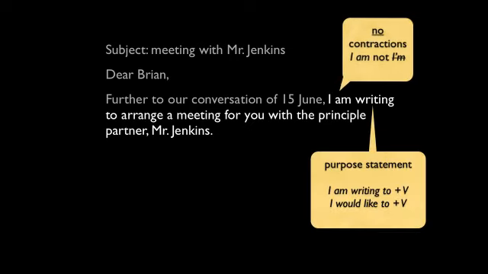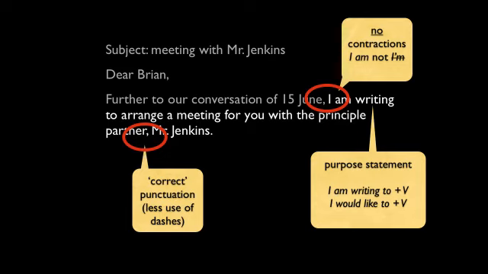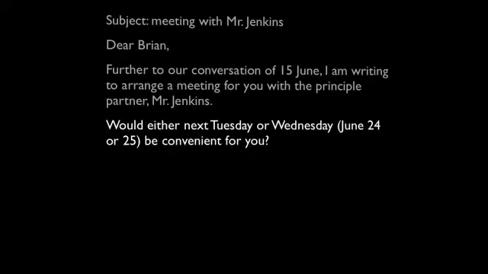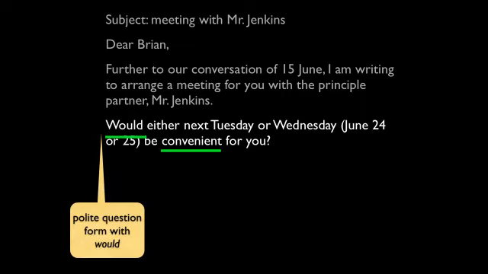We tend not to use contractions in formal writing, so type I am writing, not I'm writing. We also use more correct or traditional punctuation forms, which means greater use of commas and less use of dashes. We're using a polite or formal question form using would and the formal word convenient.